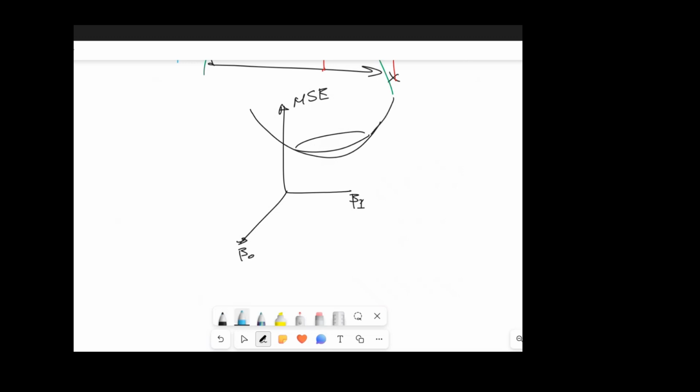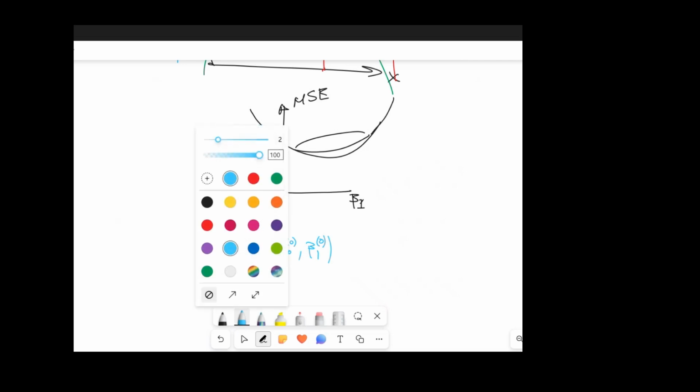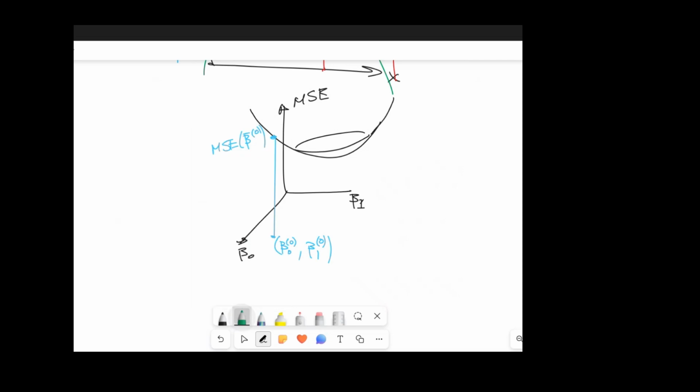And all you have is a point. At that point, you have an estimate that is your current estimate, let's call it estimate 0. That is this one here. And I know what the MSE of beta 0 is. That I know. But I need to know how to compute derivatives.